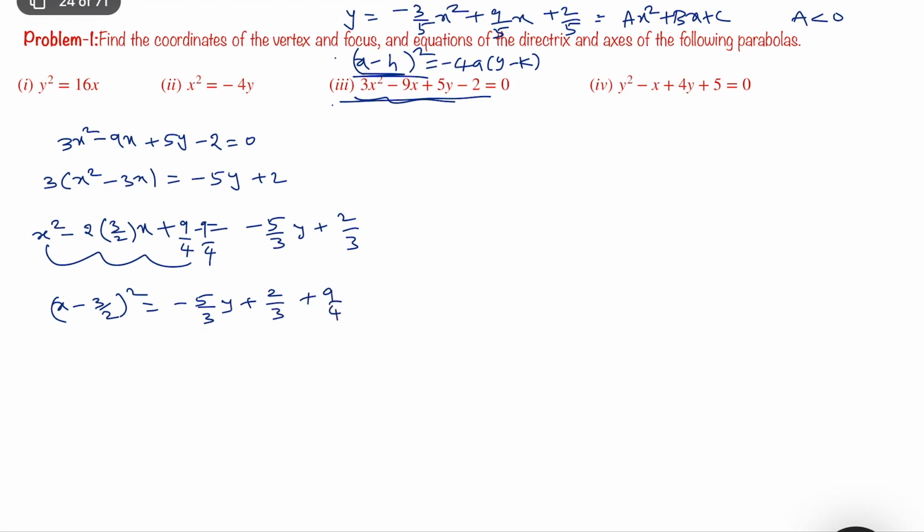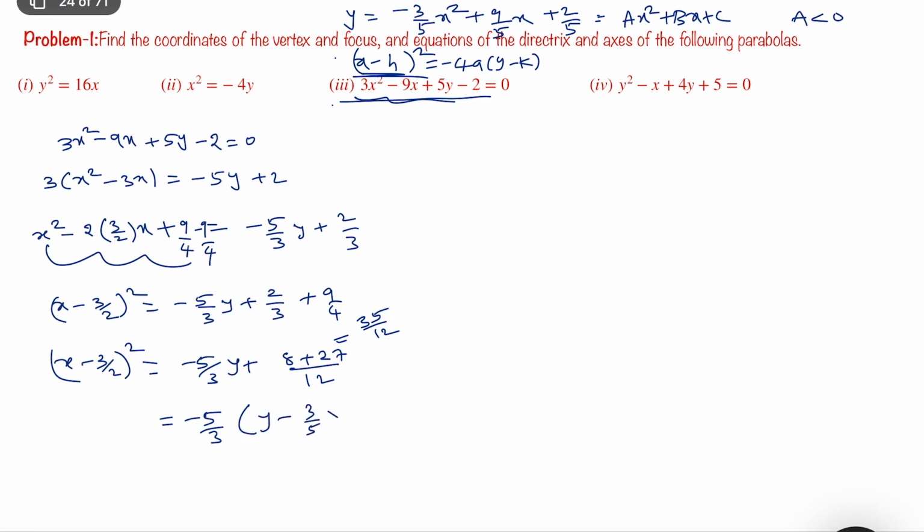Now x minus 3 by 2 whole square equal to minus 5 by 3 y, plus 8 plus 27 by 12, so this will be equal to what, 35 by 12. Okay, so if I take this minus 5 by 3 common, then y minus, then we have 3 by 5 times 35 by 12.